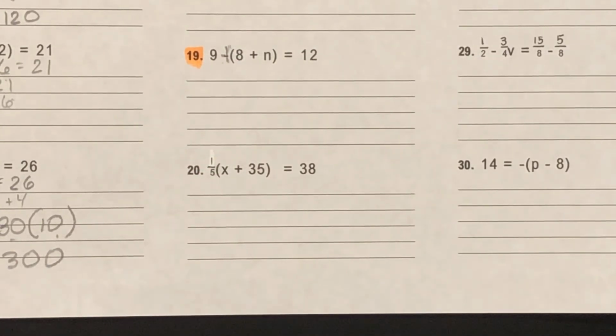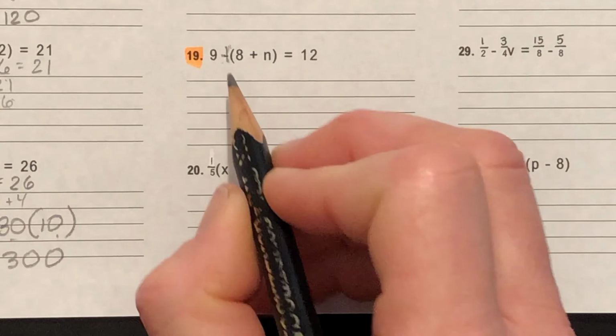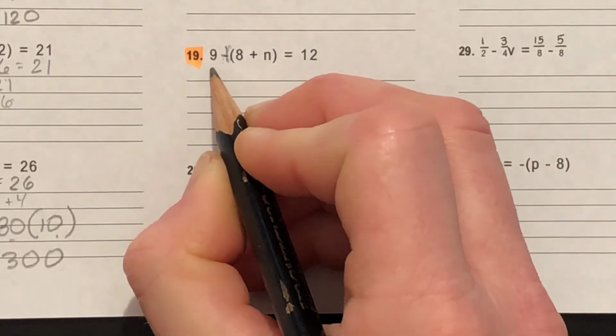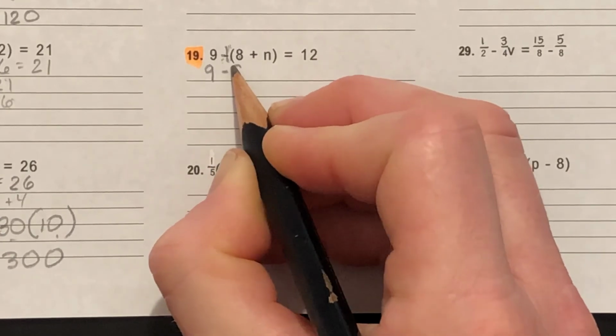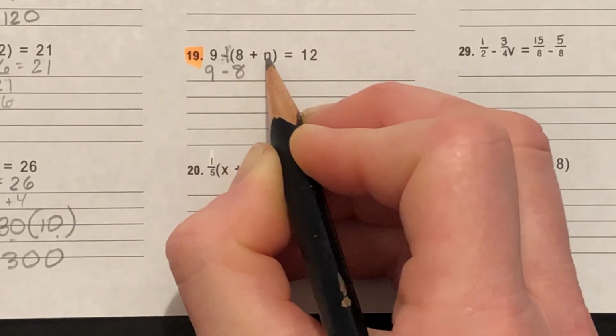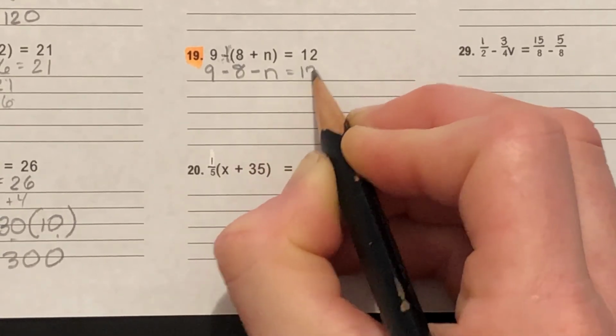And that makes it seem a lot more obvious what you do. So let's go ahead and distribute the -1. So -1 times 8 is -8. -1 times positive n is -n equals 12.